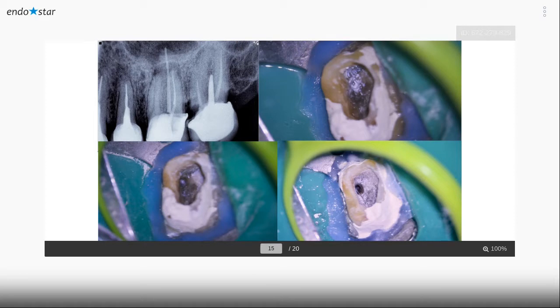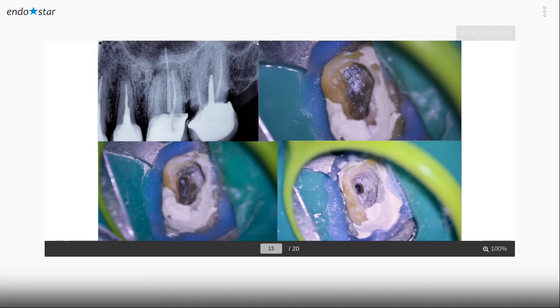It seems that we have a long broken file in the distal buccal canal, and we started removing the first fragment of the broken file here. But to our surprise, after removing one fragment and cleaning the coronal area of the root canal, we located a second fragment of a file broken inside.